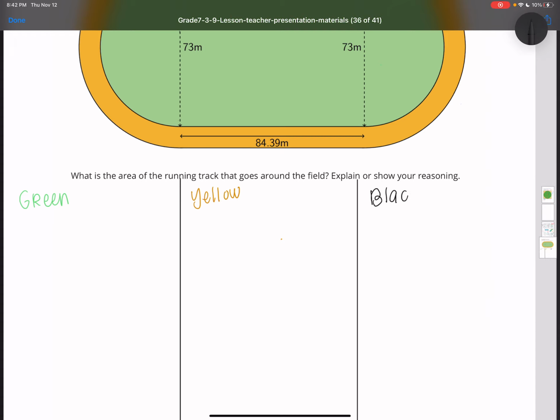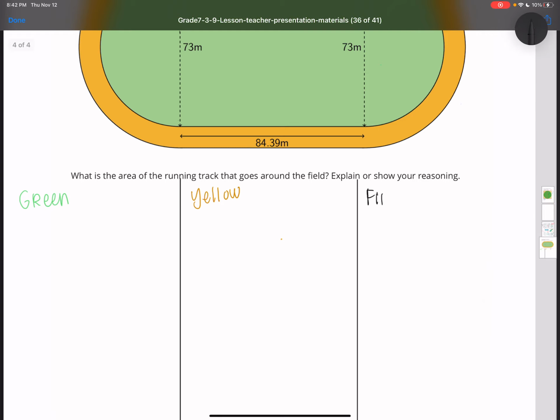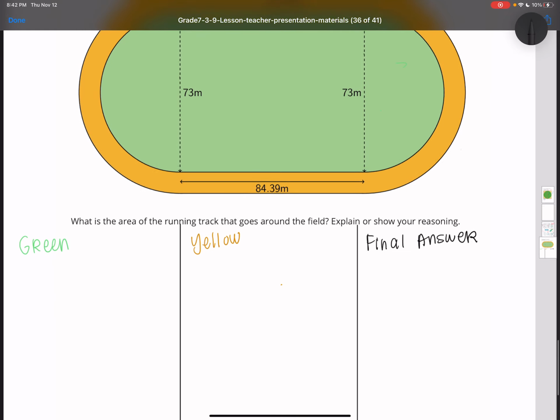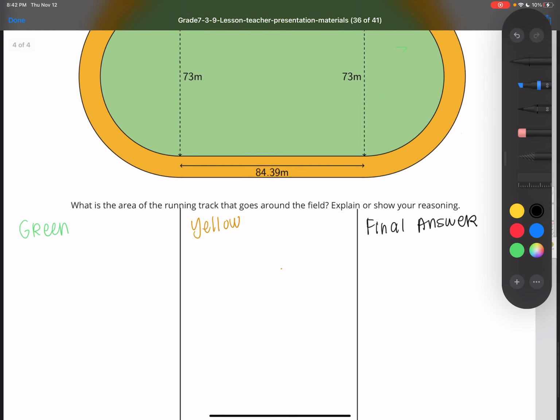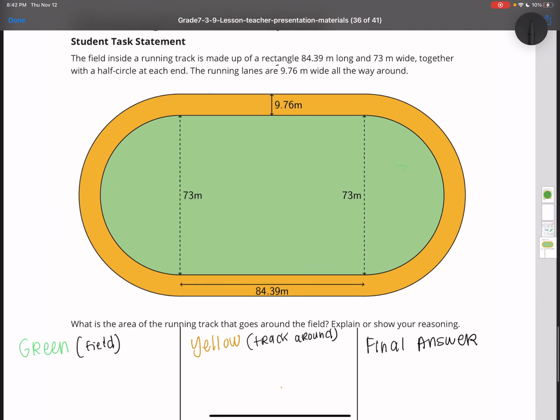Because we're going to do a lot of work, now that is organized. Remember, yellow is representing the track around, and green is representing the field, of course. All right, so let's get started.